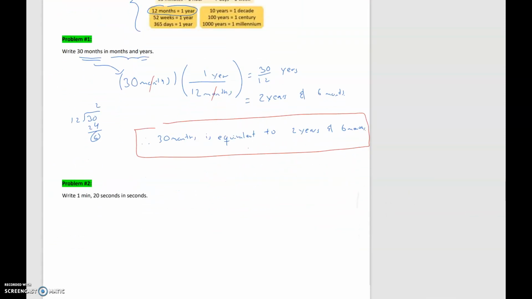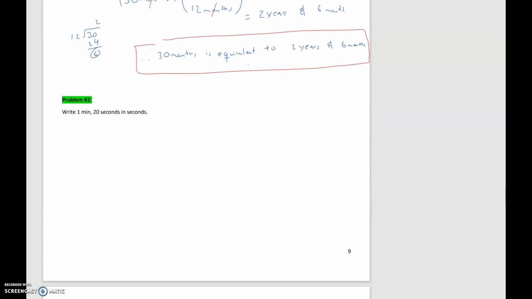Let's take a look at example 2. In example 2, they want us to express 1 minute and 20 seconds in seconds. So in this case, technically 1 minute is equal to 60 seconds plus technically your 20 seconds, which is equal to 80 seconds.